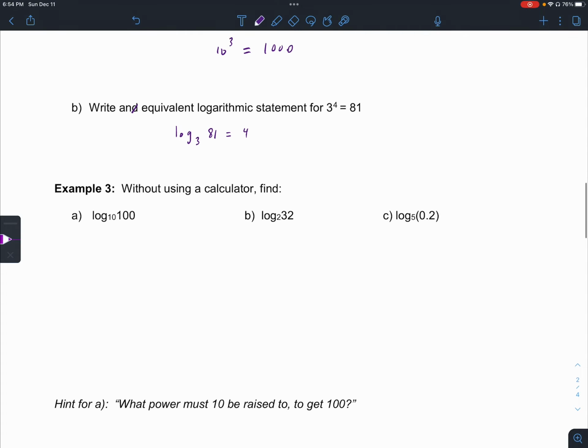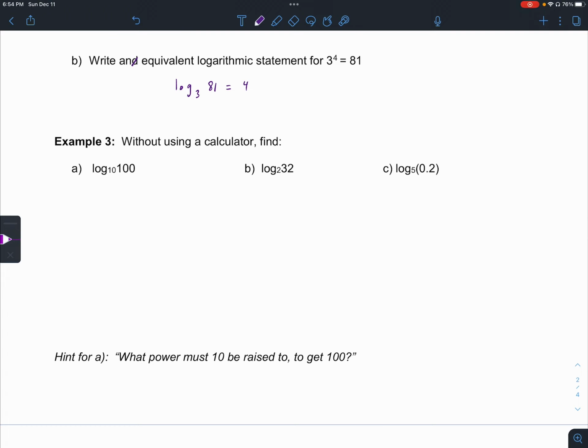All right, let's look at another example. So without using a calculator, find log to the base 10 of 100, or just log of 100. So how do we do this? We can set this equal to x first, and we can change this to exponential form. So in exponential form, it's going to look like this. It's going to be 10 to the exponent of x is equal to 100.